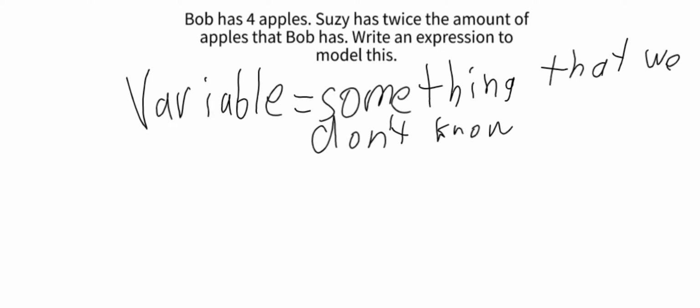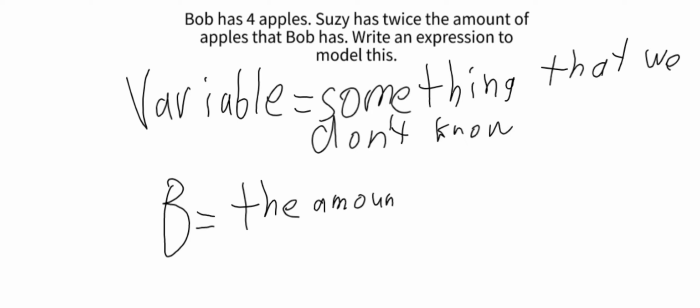Now you might be wondering why this is useful for modeling our expression, and that is a good question, so I'm going to show you how to use this. So simply, we can let b be equal to the amount of apples that Bob has.